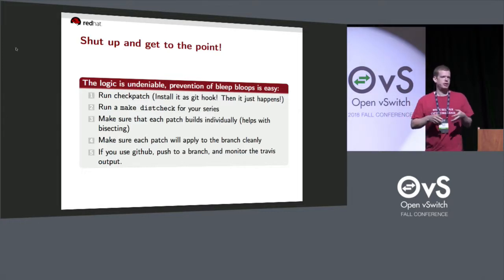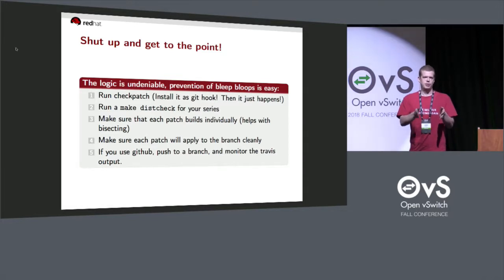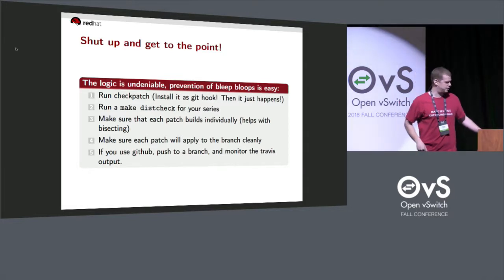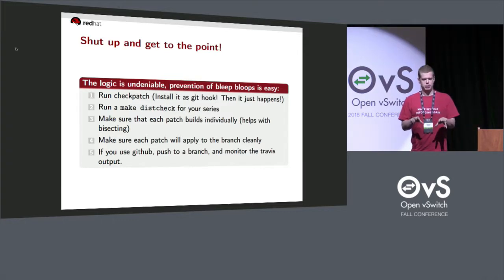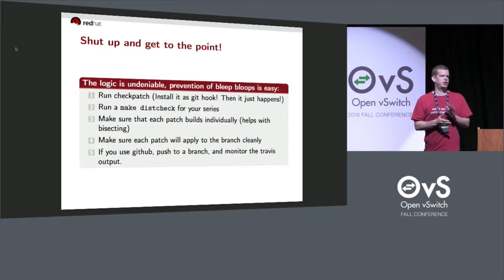This isn't just good because you won't upset the robot. This is good because we can actually bisect through bugs and find problems. If there's a point in the tree that's no longer buildable, we can't actually use that as a candidate for bisecting. So make sure each patch builds individually, and that each patch will apply to the branch cleanly.